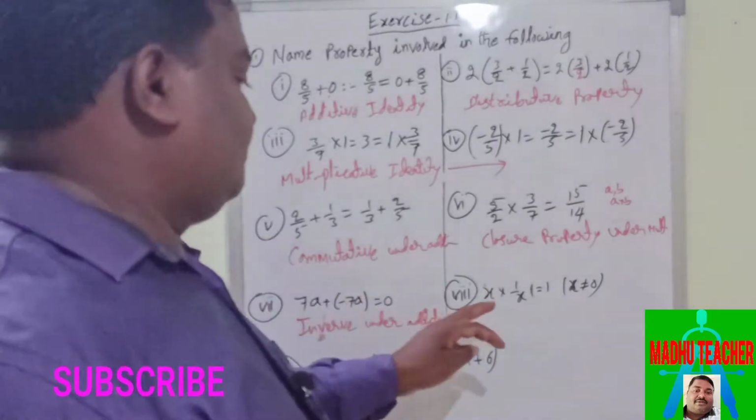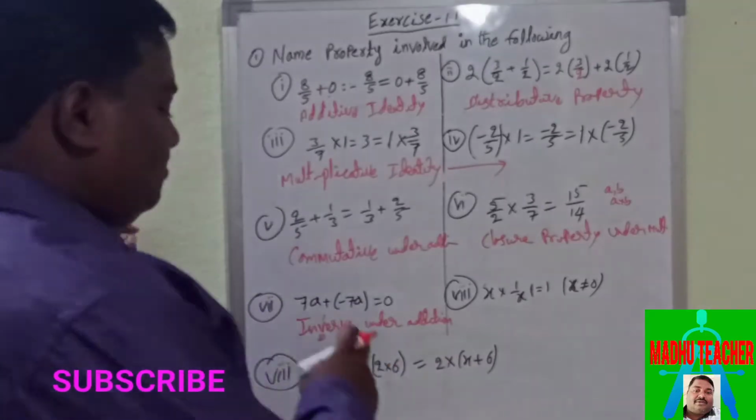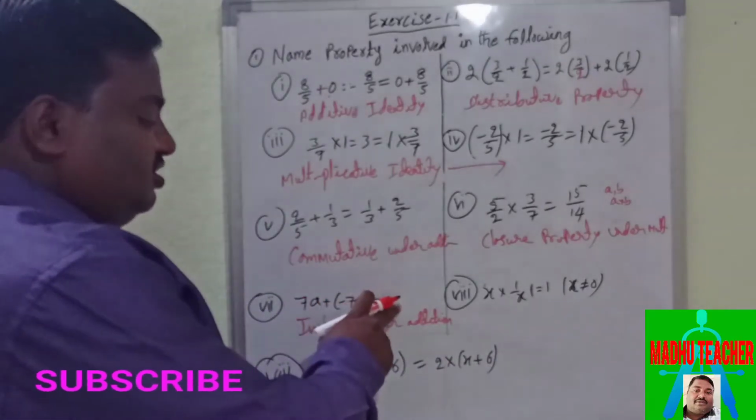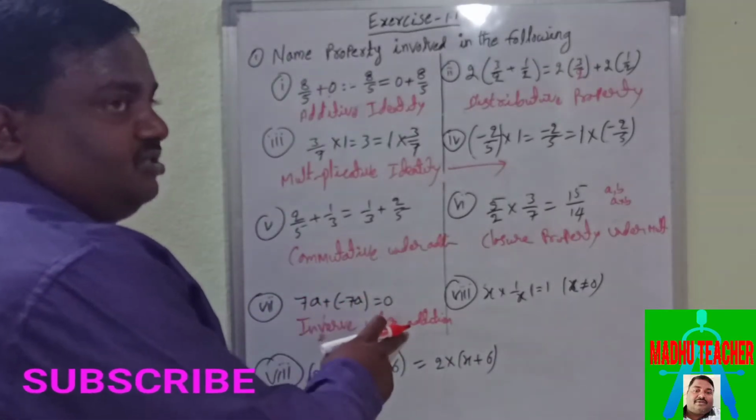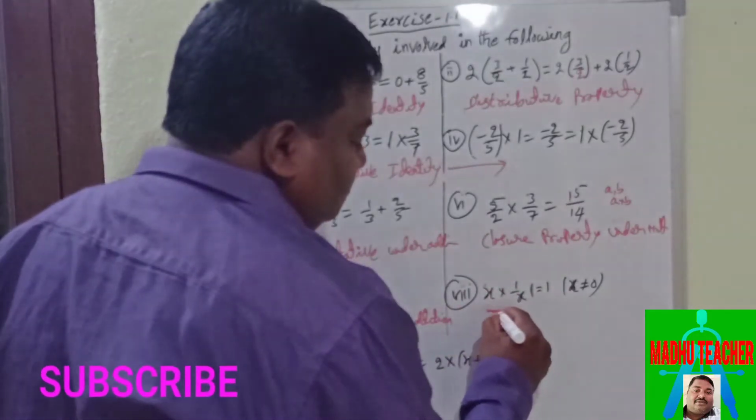Okay. Here, product of two rational numbers is 1. Sum of two rational numbers being 0 is additive inverse.